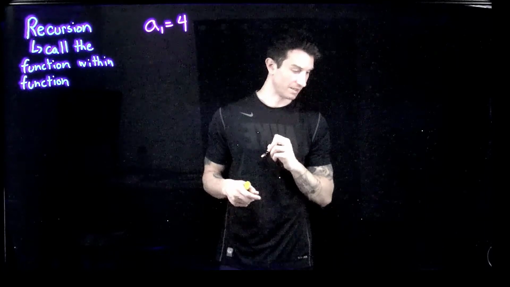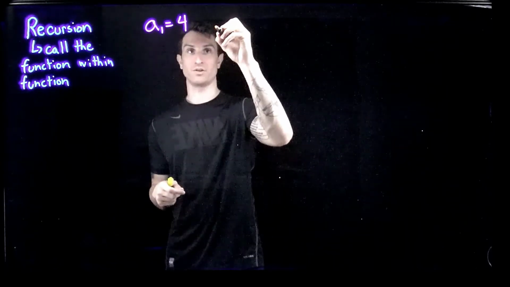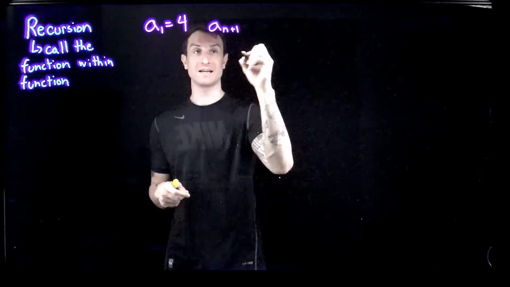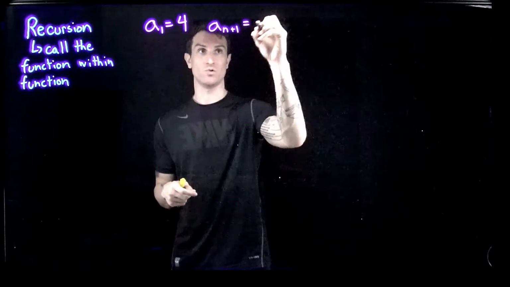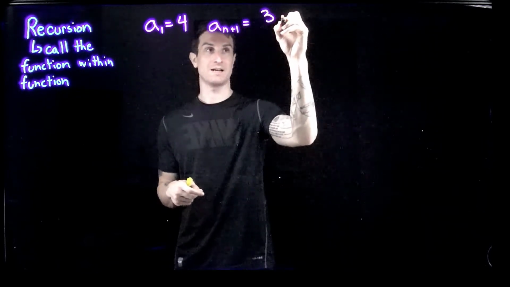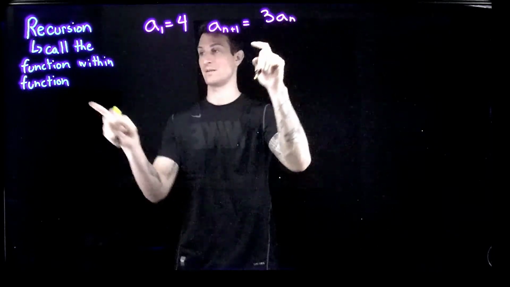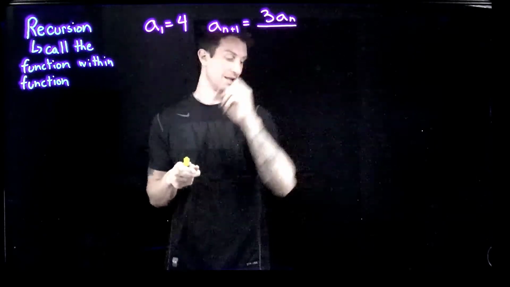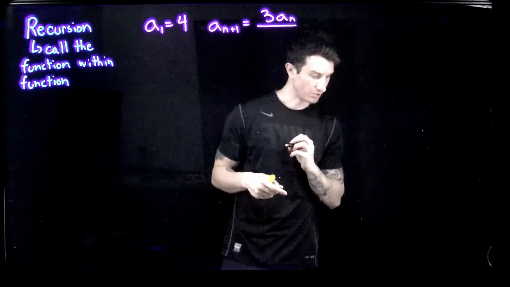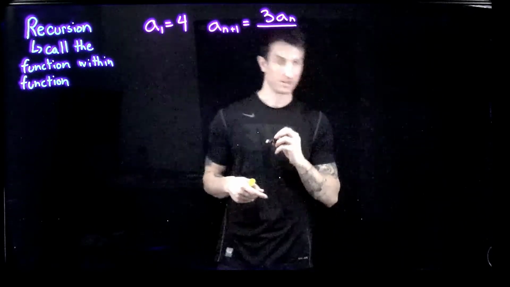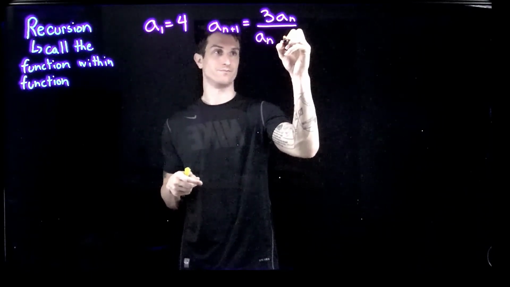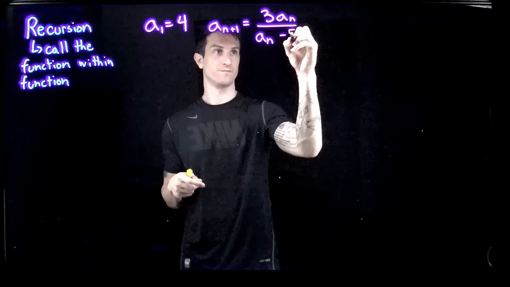And I'm going to define my function saying a sub n plus 1, so the very next term, is going to be equal to 3 times the previous term, and this is what I mean, I'm calling the function within the function, divided by, we'll just do a sub n minus 5. That's fine.